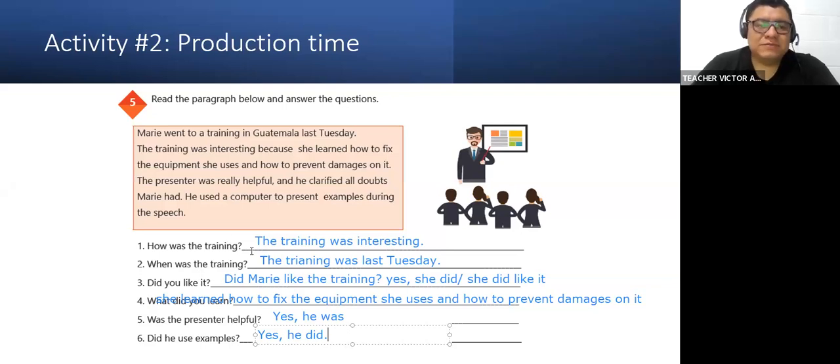So, this is like a combination. This is what I want you to pay attention to. In this case, we are combining questions only with the verb being past, and also questions using did and other verbs, right?